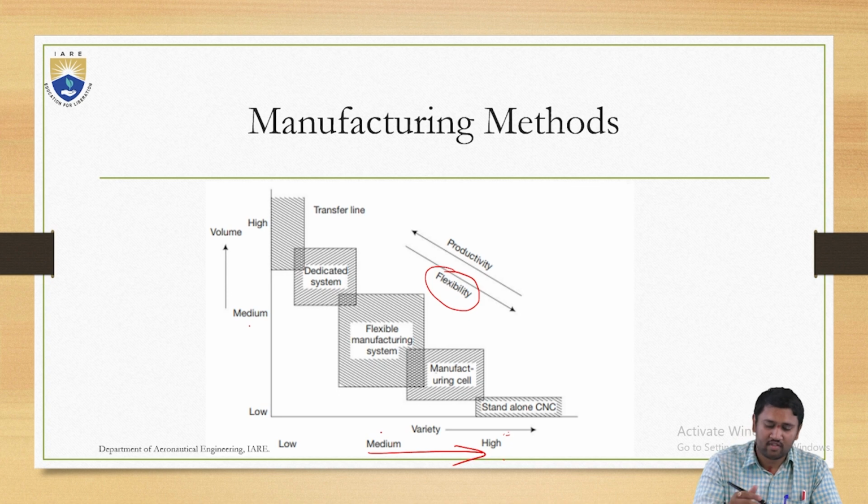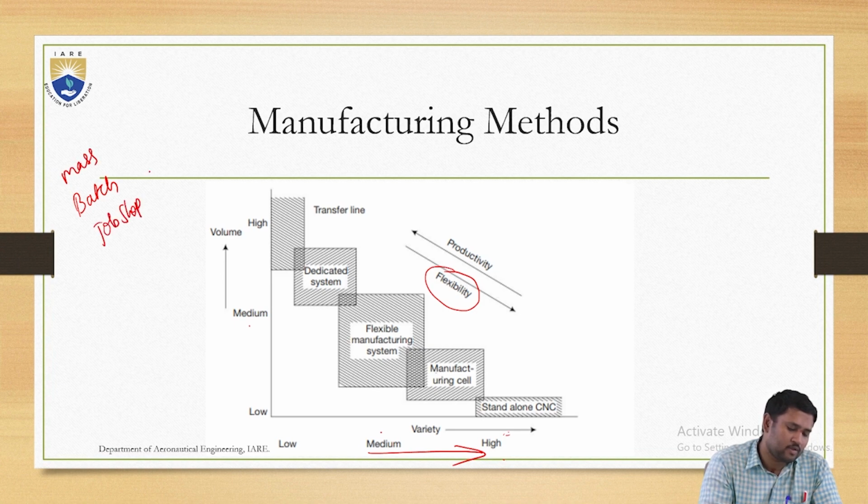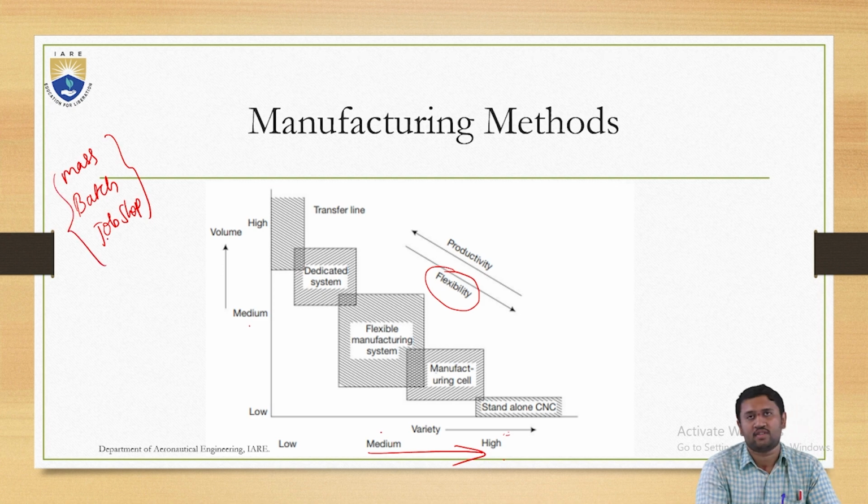For example, whatever we have discussed earlier: batch, mass, job shop, all three manufacturing processes.